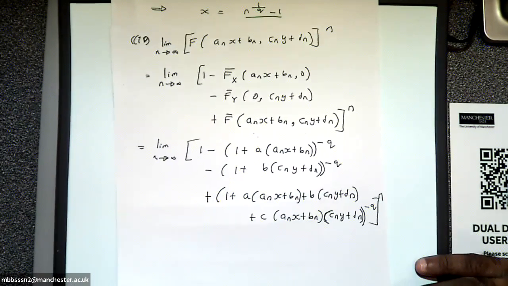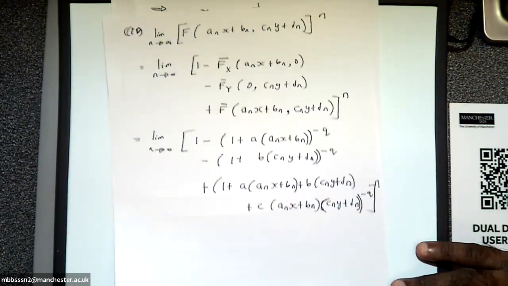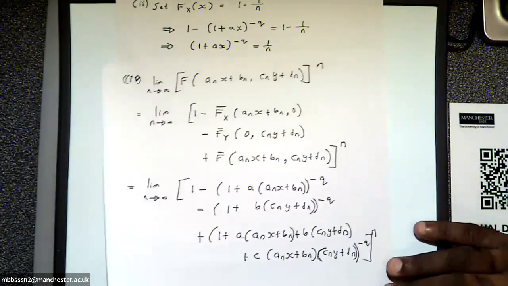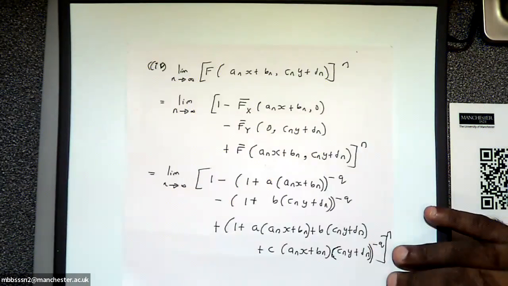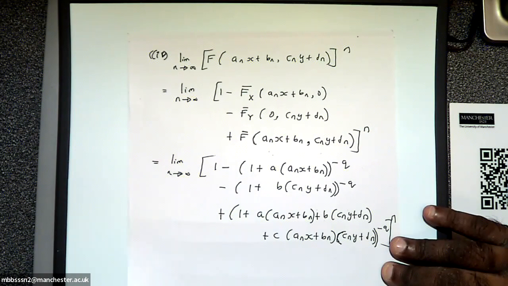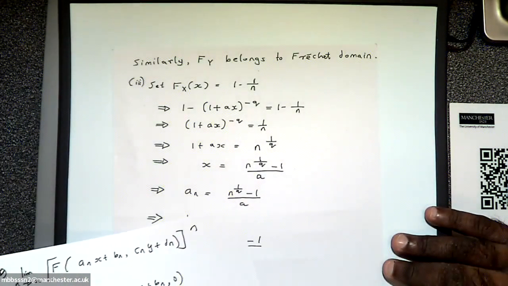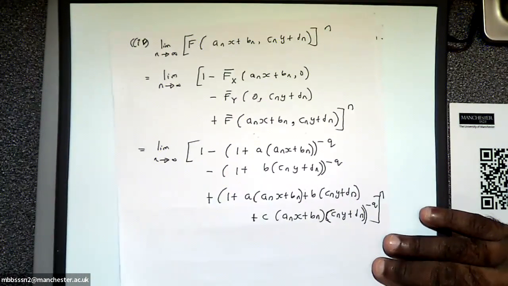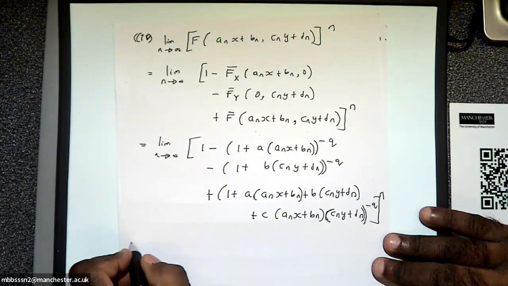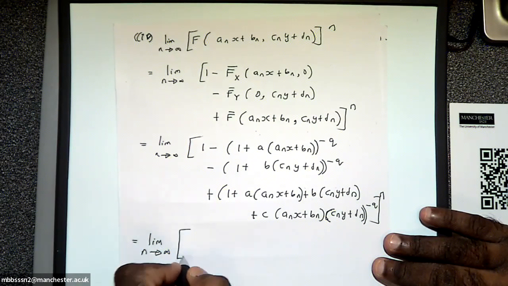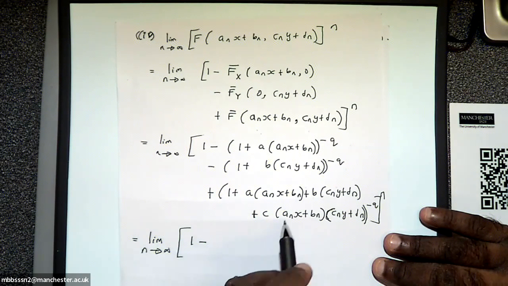Now you should put whatever we figured out for an and bn in the previous step. Because we know bn and dn are 0, and we know from the previous step that an is equal to this guy and bn equal to this guy. So you should put them together and do the math. You get, let me do the math.